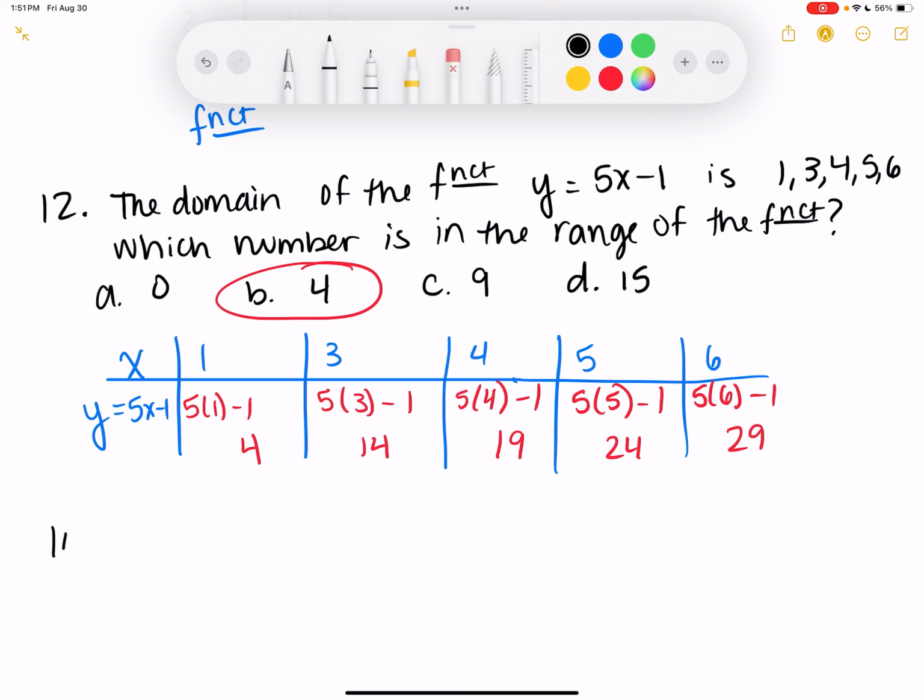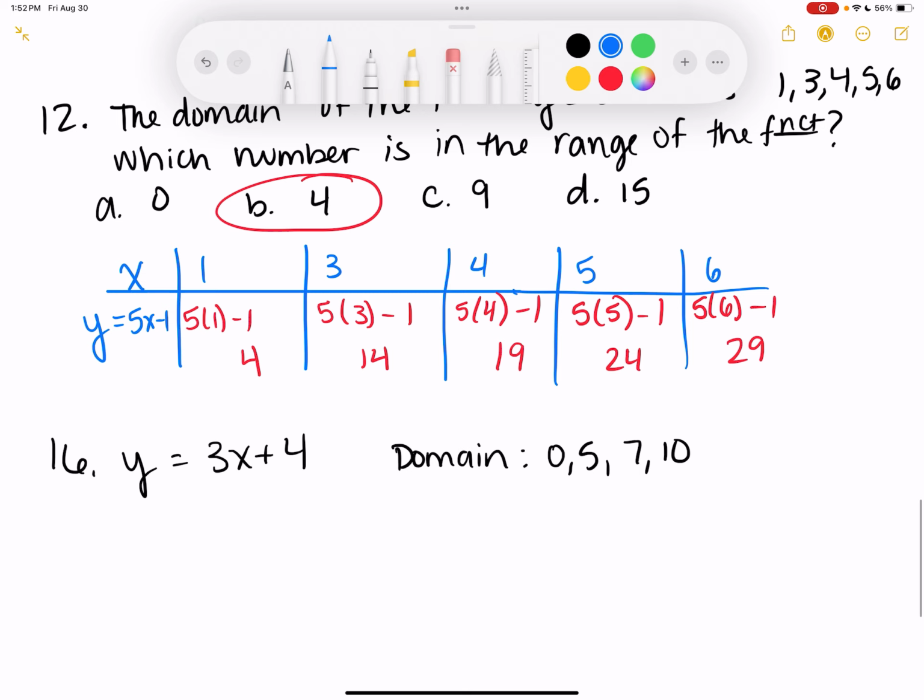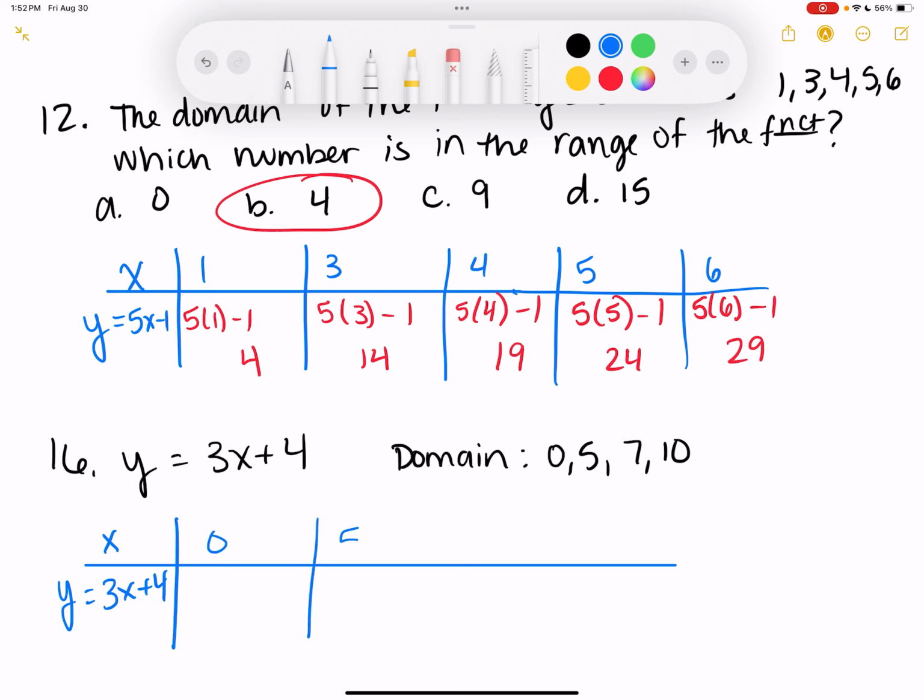So 16, y equals 3x plus 4. Domain is 0, 5, 7, and 10. So I'm going to set up a table again and put those numbers 0, 5, 7, and 10.